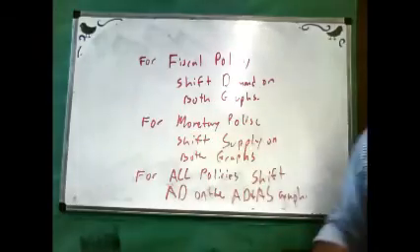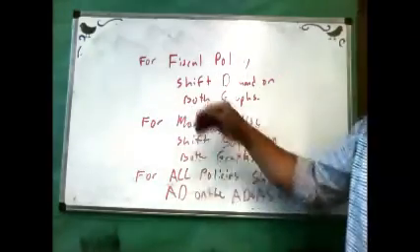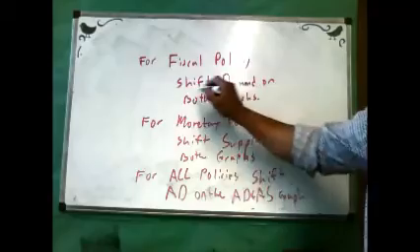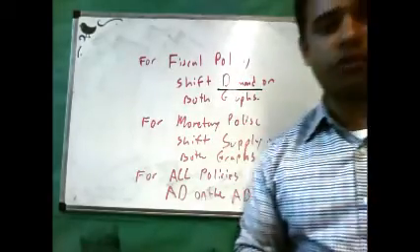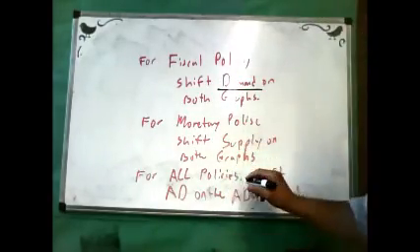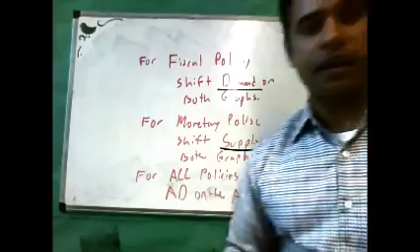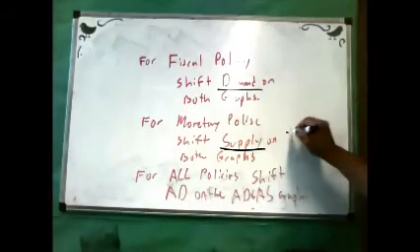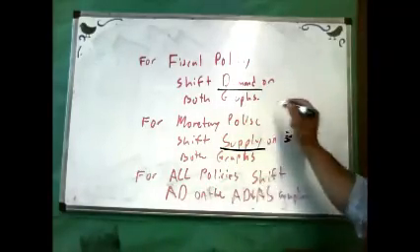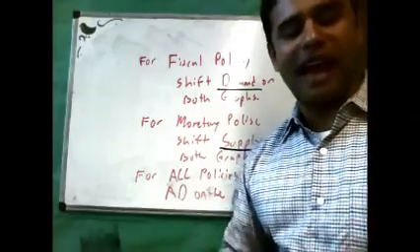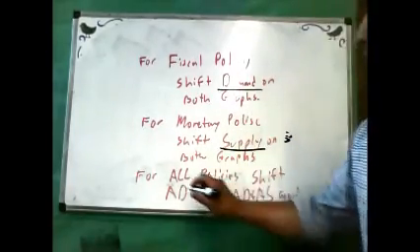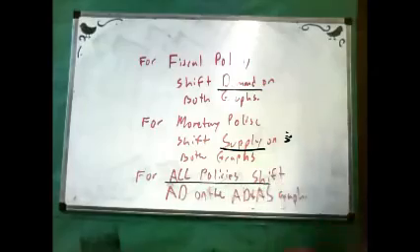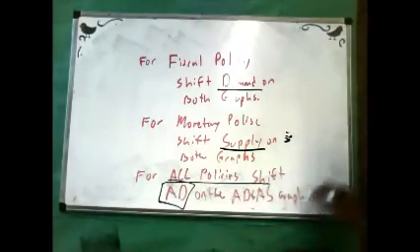Draw one of the graphs. Okay? Fiscal policy, you're going to be shifting demand on both graphs. Monetary policy, you're going to be shifting supply on both graphs. But don't make this a mistake where you want to shift short-run aggregate supply on the aggregate model, because you don't. On all policies, shift aggregate demand.